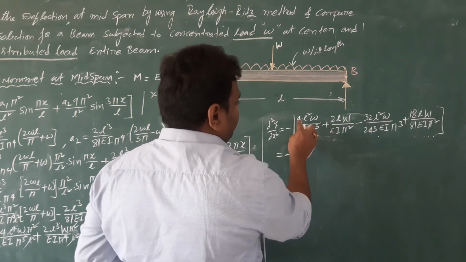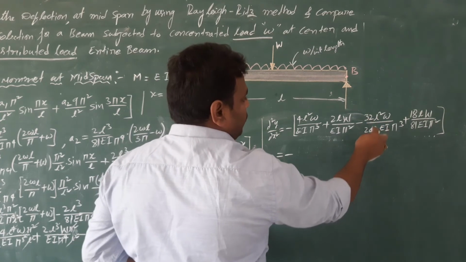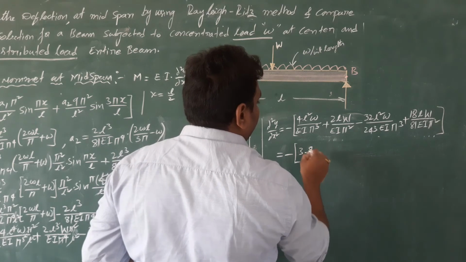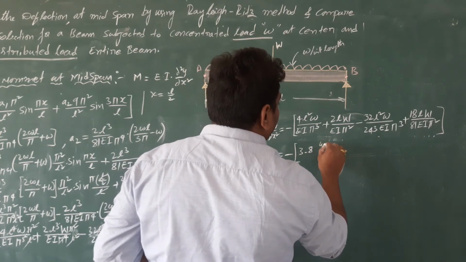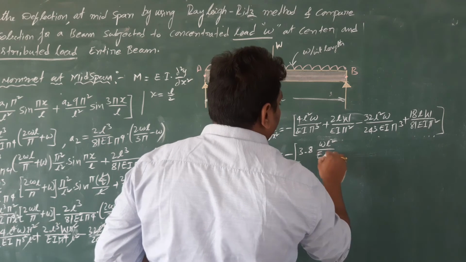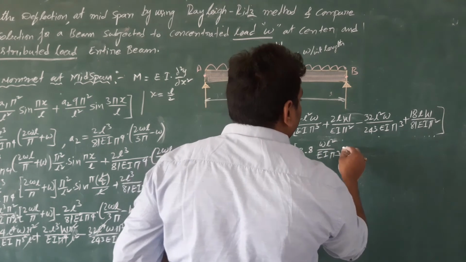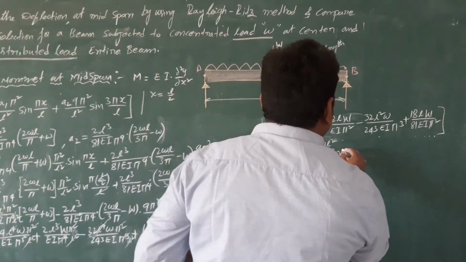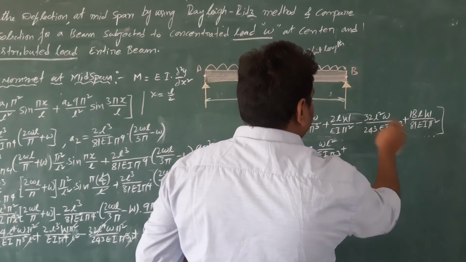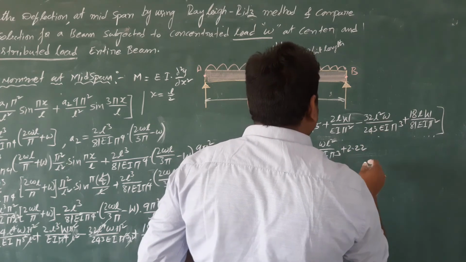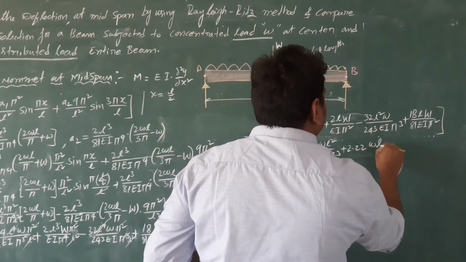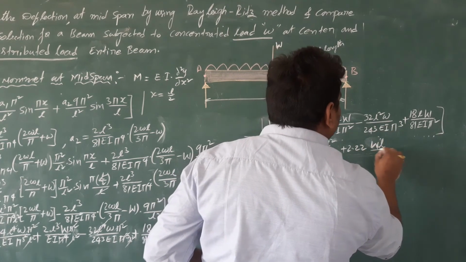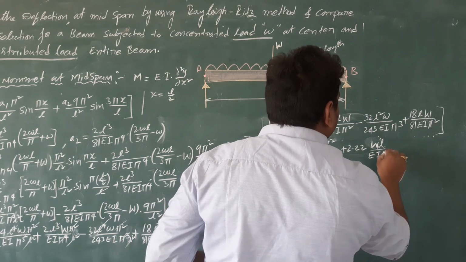After substituting 4 by pi cube and 32 by 243, we will get 3.8 WL square by EI pi cube and plus this will become 2.22 capital WL by EI pi square.